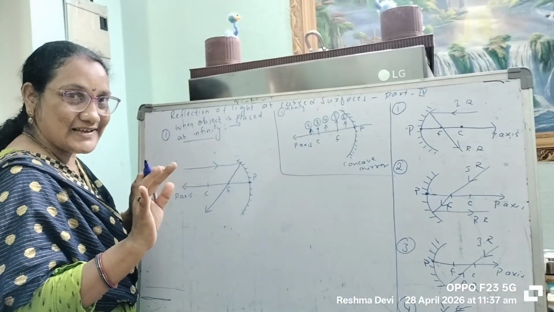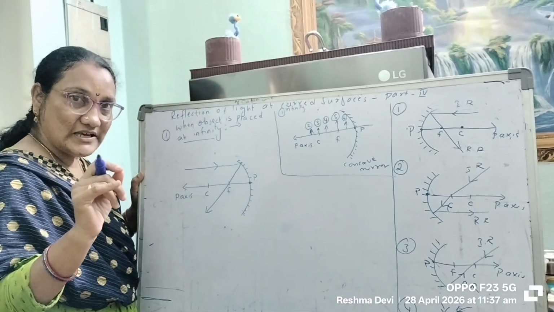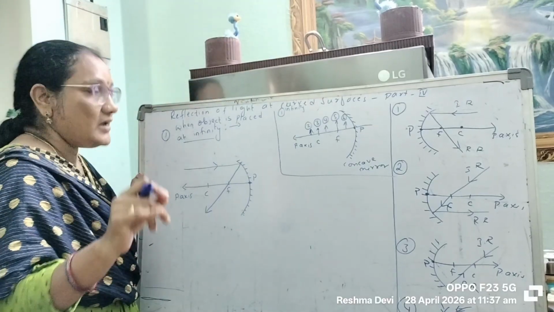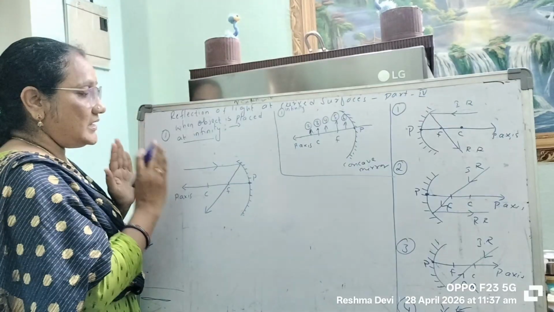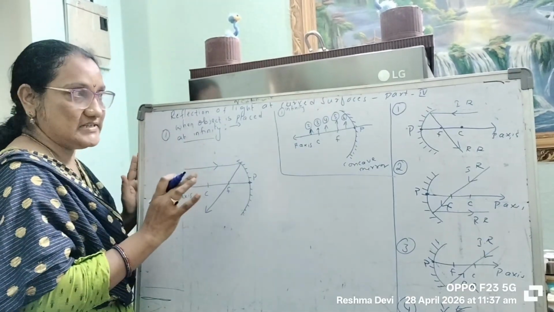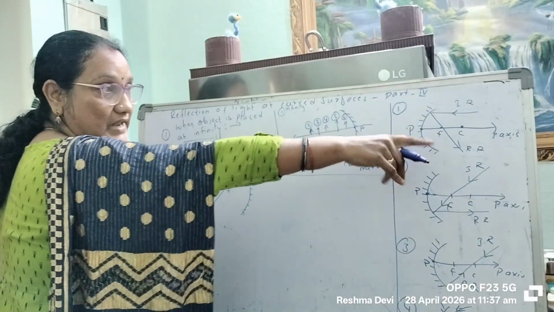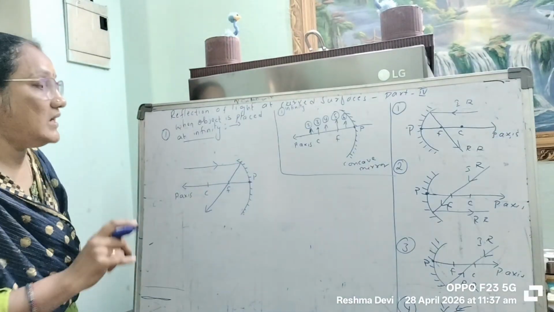When they travel parallel to the principal axis, according to rule 1, they pass through the focal point.